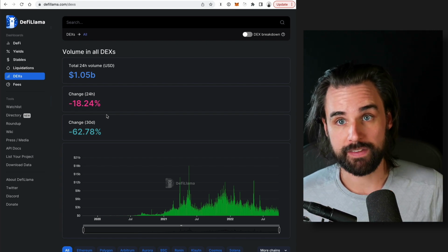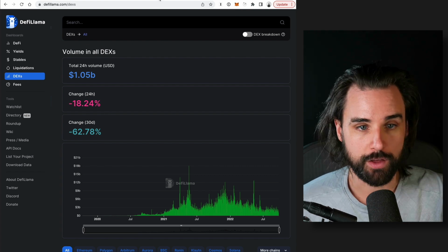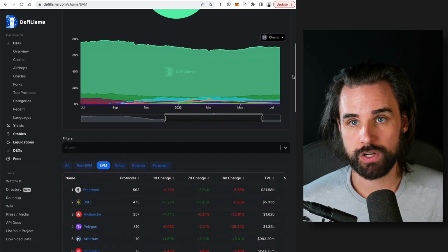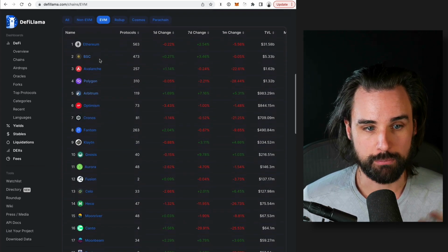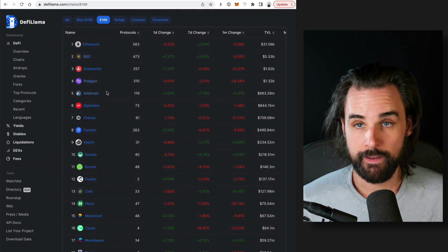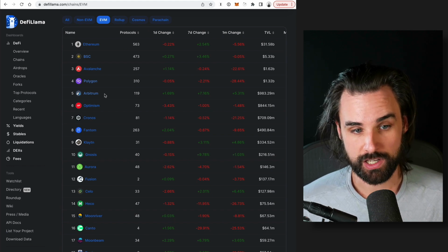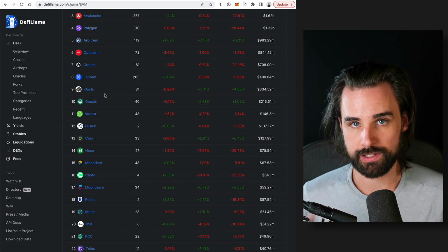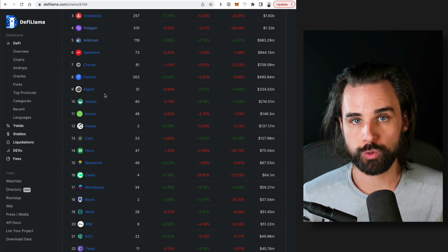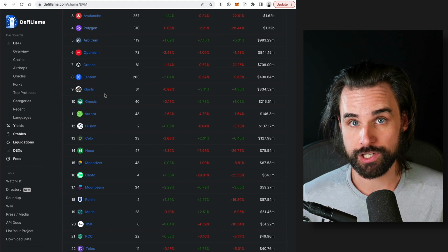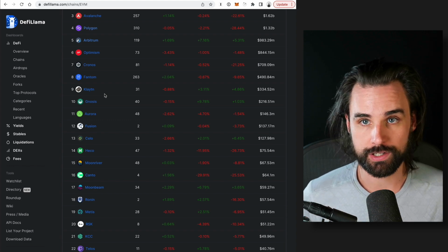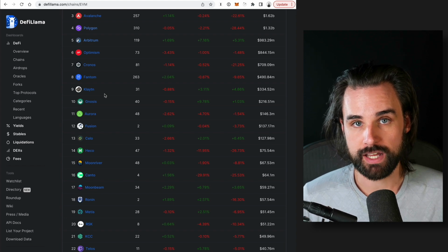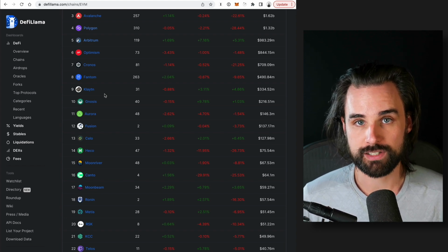And then you multiply that opportunity one more time with all the different EVM compatible chains out there, because you have all these other blockchains like Ethereum that support Solidity smart contracts, like Binance Smart Chain, Avalanche, Polygon, and all the Ethereum layer 2 scaling solutions like Arbitrum, Optimism, etc. And if you can create these bots with these Solidity smart contracts, then you have the tools that you need to create your own custom strategy for any of these different parameters on any of these different networks. And that's exactly how you find other opportunities that some of the really competitive players aren't necessarily going after.